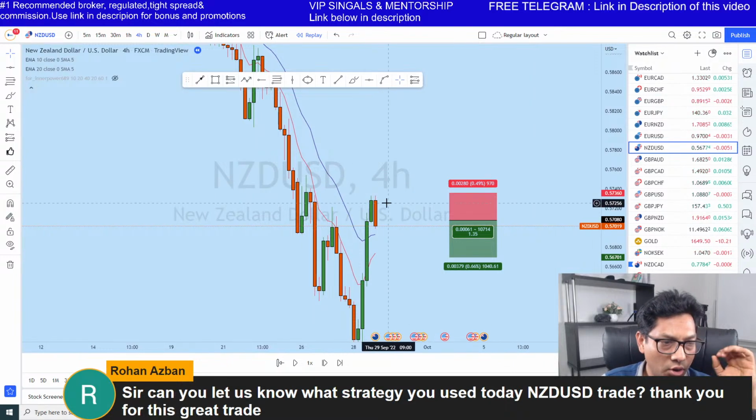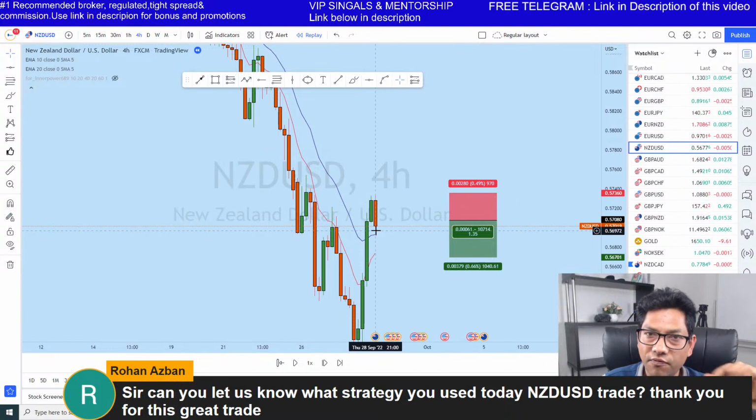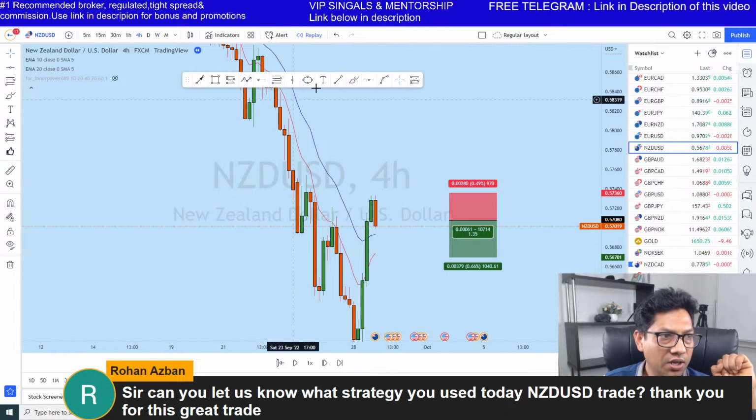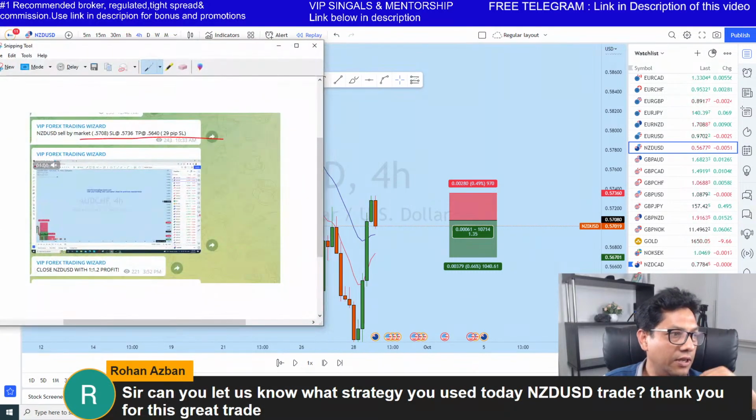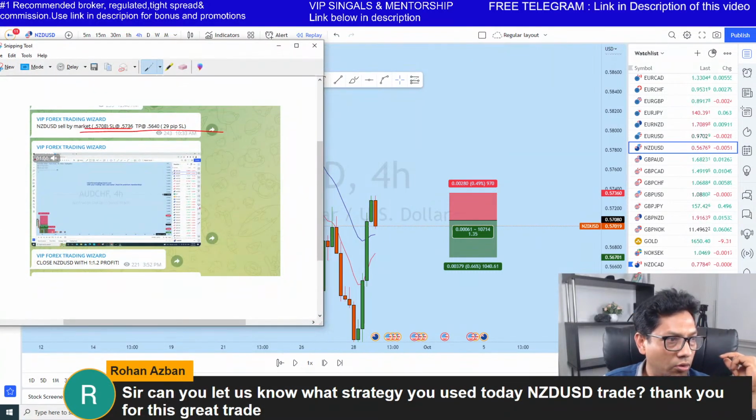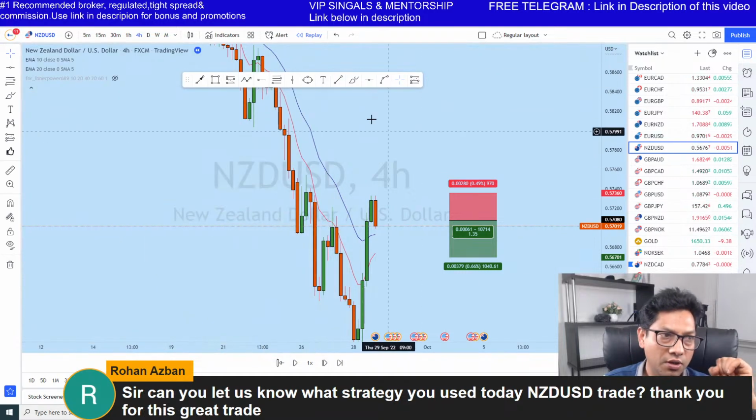So now let's look at it. After this bearish engulfer, I straight sold NZD/USD and we secured profit. As you can see with your own eyes, our students secured the profit. If you are our student, you will be doing the same thing. So now let me see what happened. Where is the replay chart?